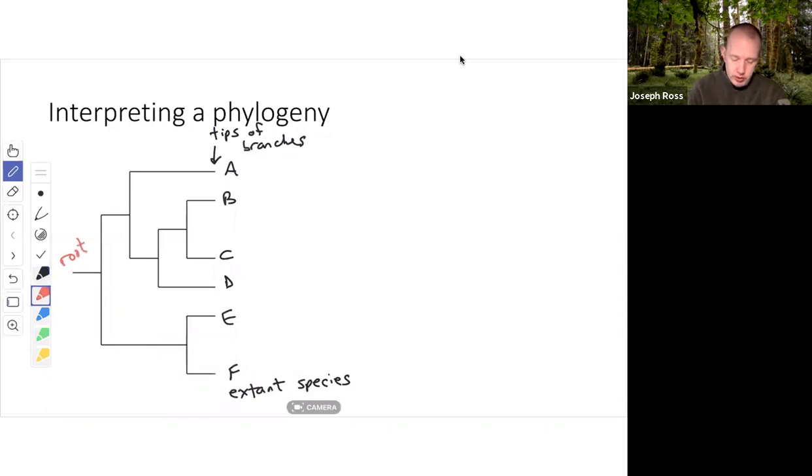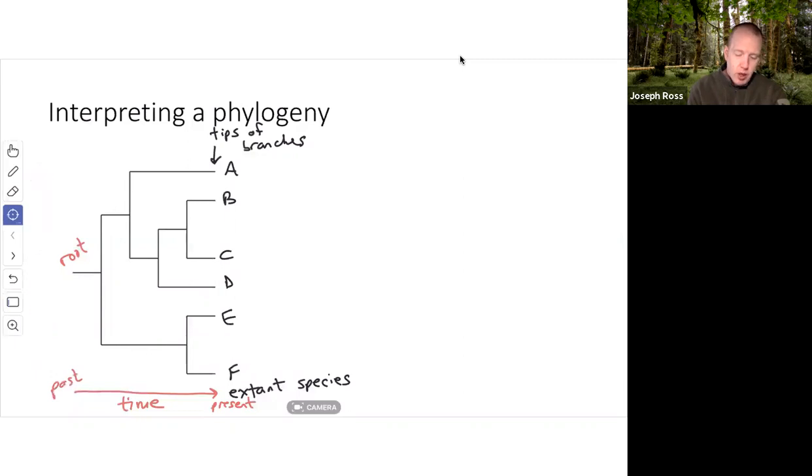But rooted trees have directionality to them in that the tips of the branches, again, representing extant or currently existing species, represent the current point in time. And that means that the root of the tree represents organisms that lived in the past.